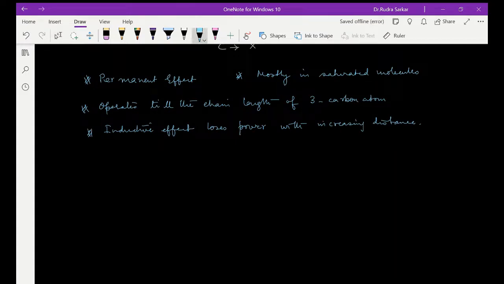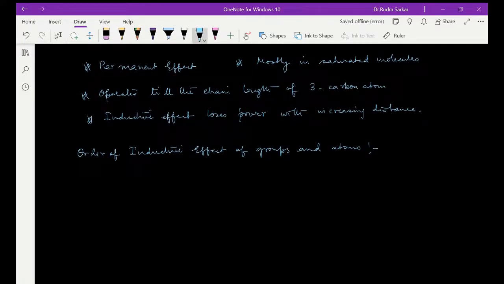Now, what is the order of inductive effect of, say, groups and atoms.